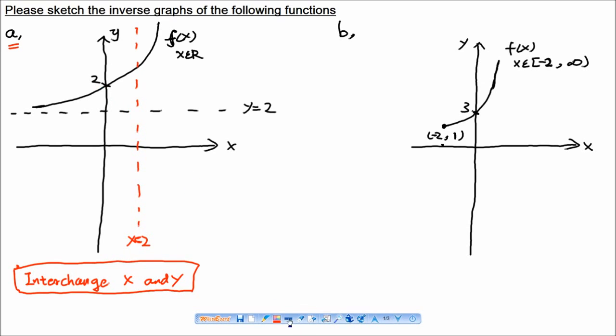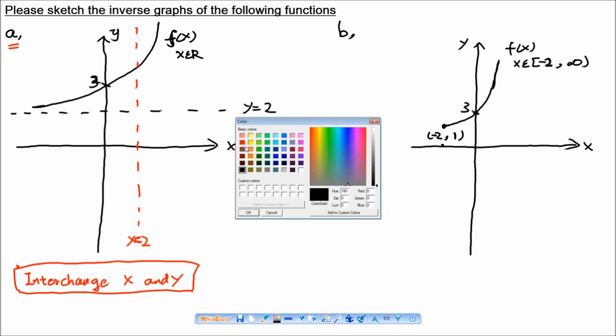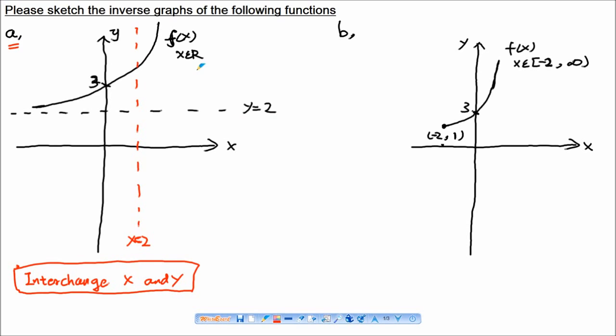I think something is wrong with this question, the y-intercept must be 3. So after interchanging x and y, I would have an x-intercept at 3. Now I can just draw my graph very easily.